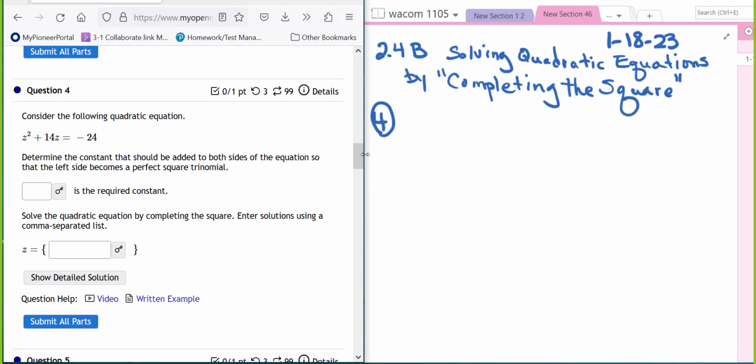And so this one tells us to look at this quadratic, and they're going to force us to complete the square. And they want to know what number we have to add to both sides. So they're looking for the magic number. All right, so let me write it.